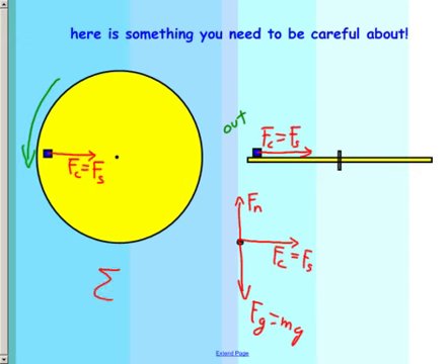Okay, so the sum of the forces in the x direction equals m times the centripetal acceleration. And the only force we have in the x direction is the centripetal force, equals m times the centripetal acceleration. Okay? We don't get to set things equal to 0.